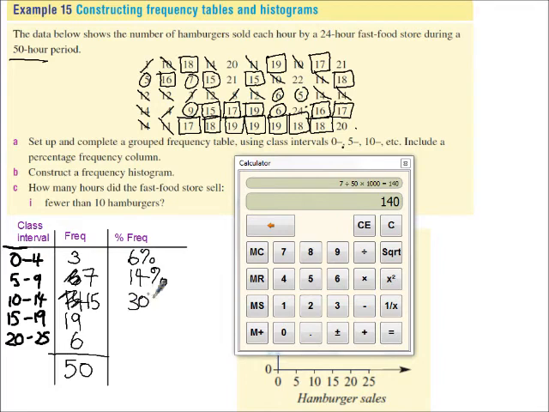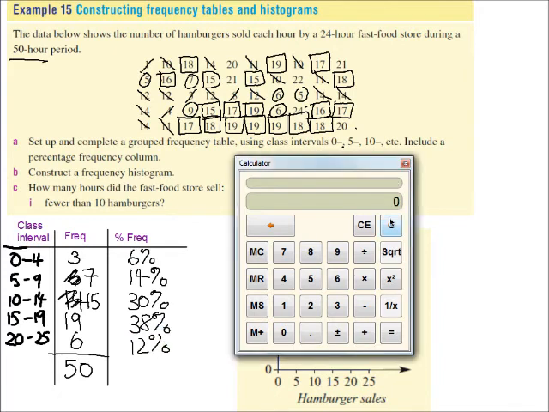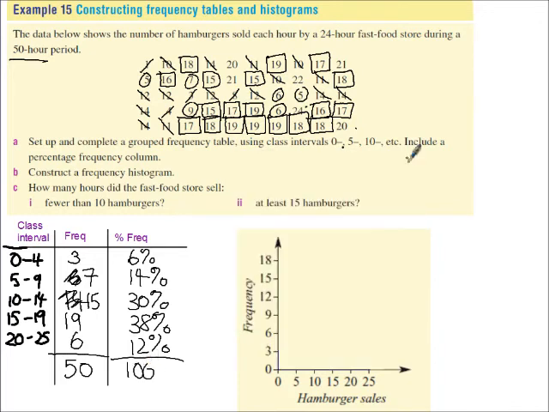So that'll be 30%, and that'll be 38%, and 12%. I always do a check just to make sure I've got them right. 6 plus 14 plus 30 plus 38 plus 12 should equal 100. Lovely. Okay, so now we've got our frequency table.